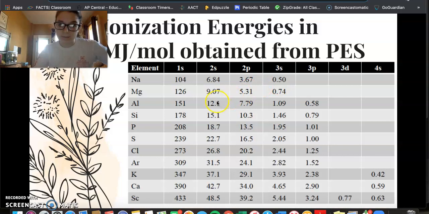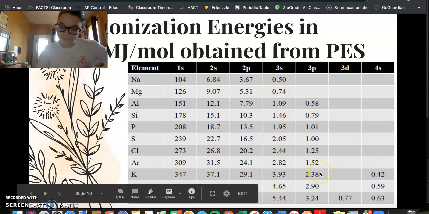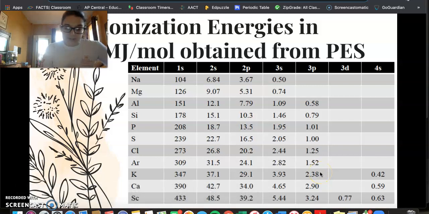Aluminum and argon both have 5 peaks. Potassium and calcium have 6, scandium has 7, and evidence from other forms of spectroscopy suggests that the last electron in scandium is n equals 3, not n equals 4, which shows us that the 3d subshell falls after the 4s.